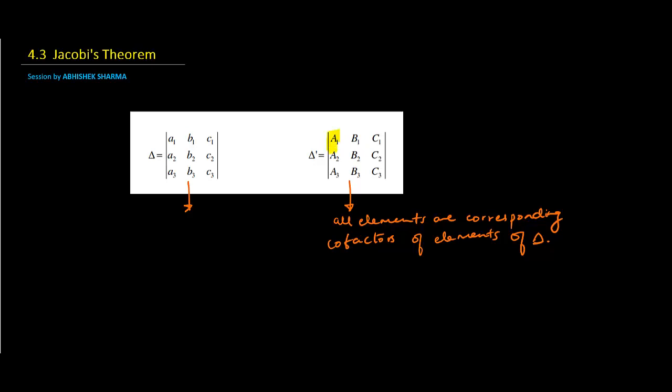this capital A1 is cofactor of small a1, then capital B1 is cofactor of B1, and so on. So every capital letter Ai is, let's say, cofactor of small ai.